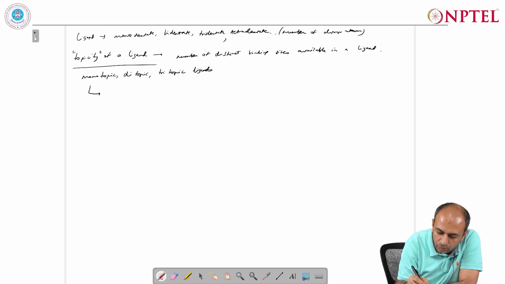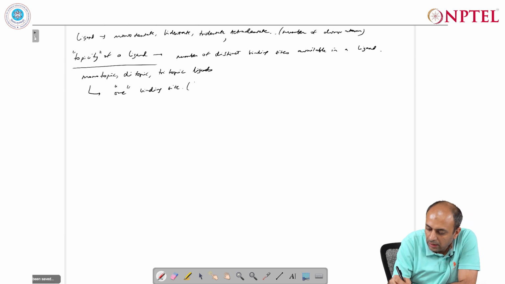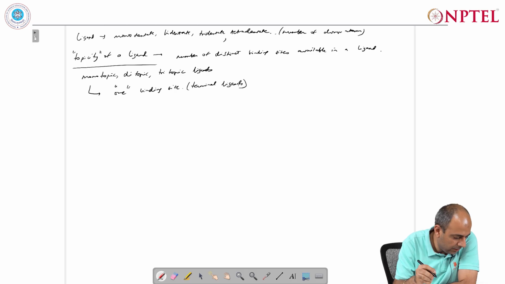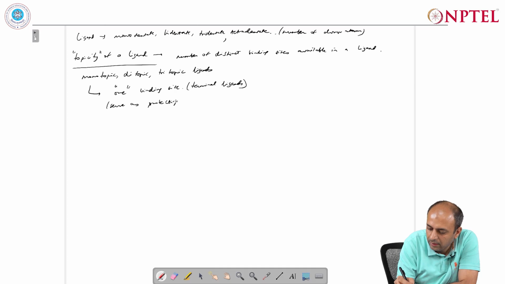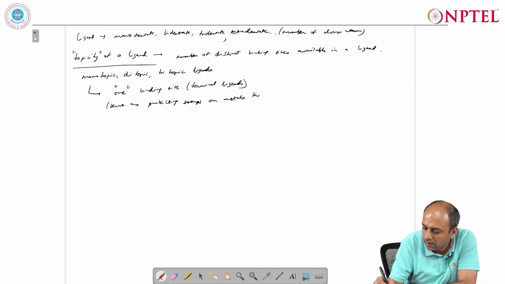Monotopic ligands have only one binding site, and essentially these are the terminal ligands, and they can also serve as protecting groups on metals that form larger species.